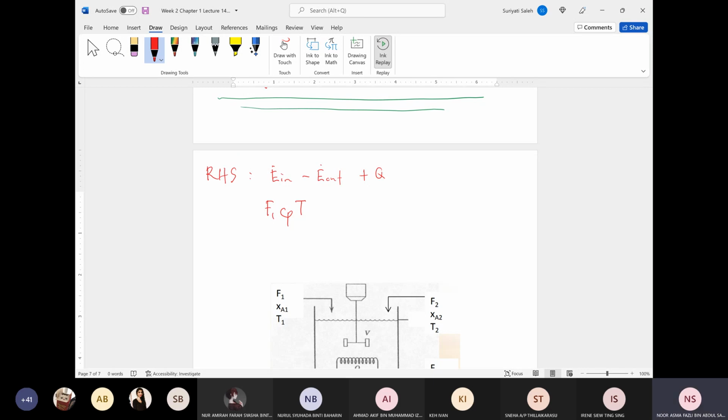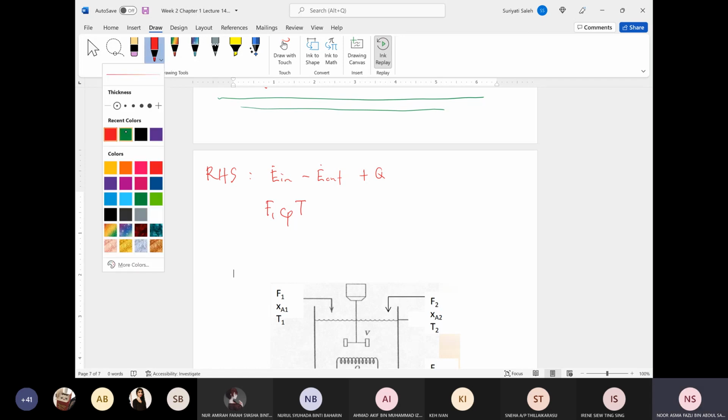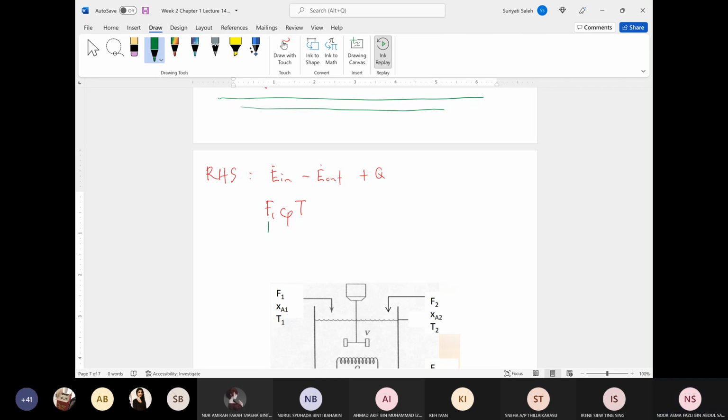So we have F1 Cp T. If you're not sure, take a look at the units. F1, based on the given unit, is kilogram per minute. Cp is kilojoule per kilogram degree C or Kelvin, and T is degree C. If you cancel out degree C and kilogram, you get kilojoule per minute. So kilojoule per minute represents the rate of energy.